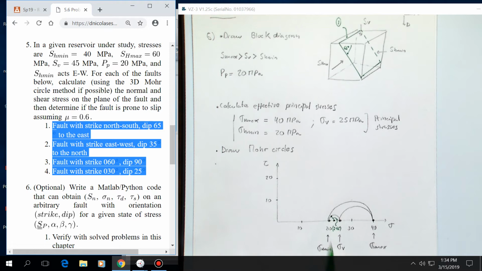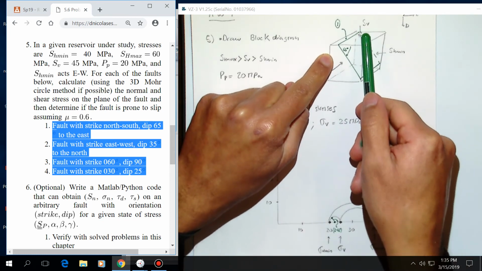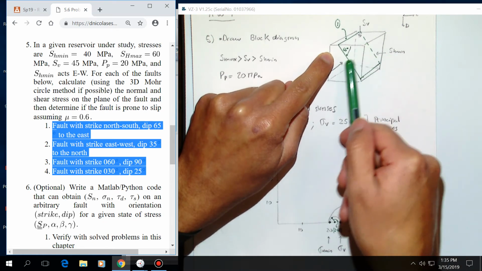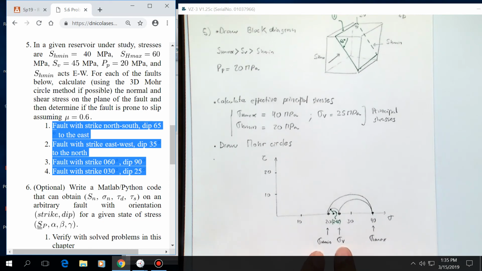Can I ask why you chose that circle? Sorry? Why I chose the small circle? Yes. Because the plane, we say, is a combination of the plane of SV and SH min. So if I want to solve that, I need to go to the Mohr circle that combines sigma V and sigma H min.